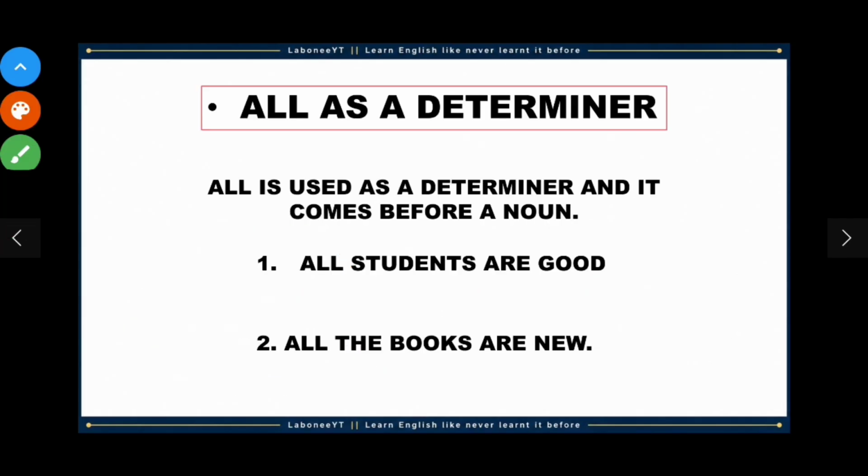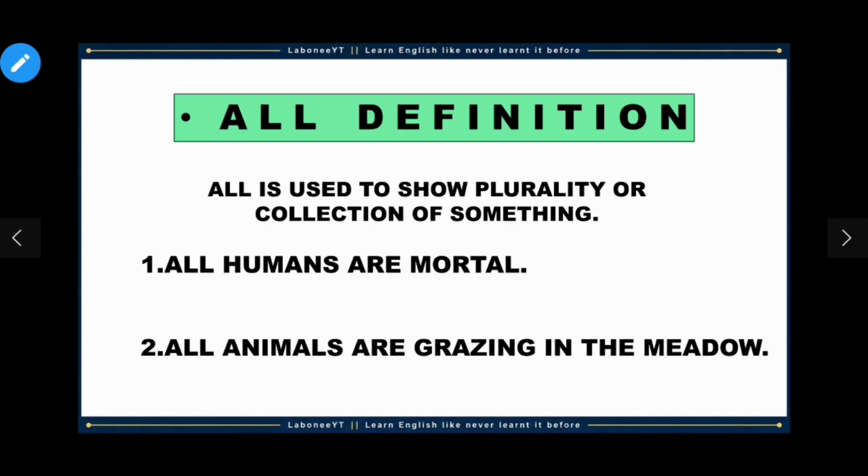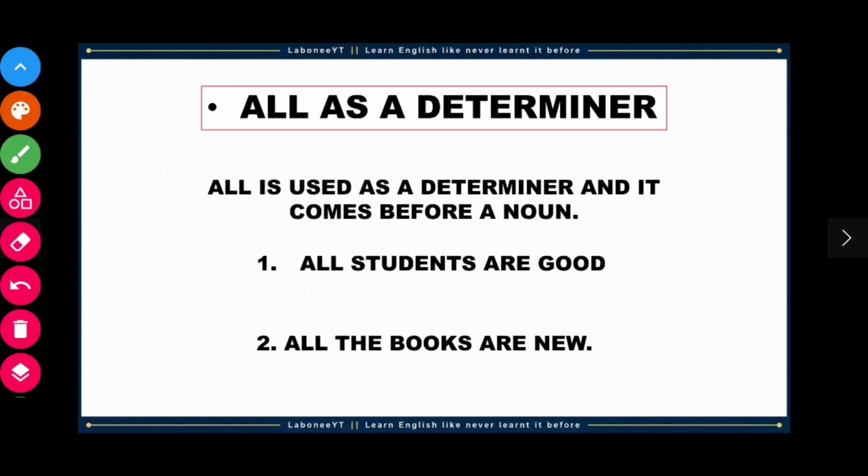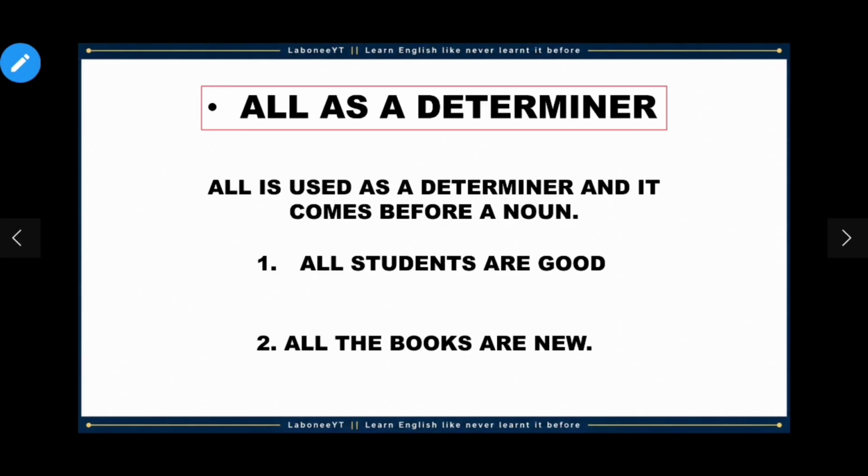Next is all as a determiner. So we can use all as a determiner like each, but there is one difference, and the difference is we use all with plural and each is used with singular form. All as a determiner, how shall we use it? All is used as a determiner and it comes before a noun.